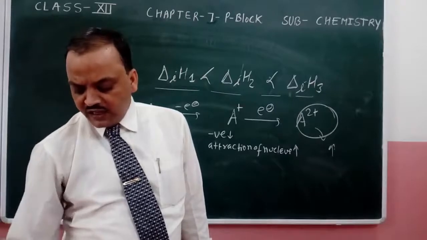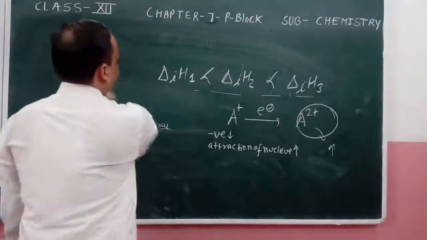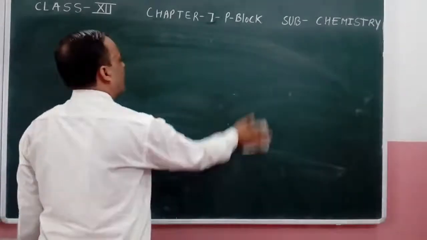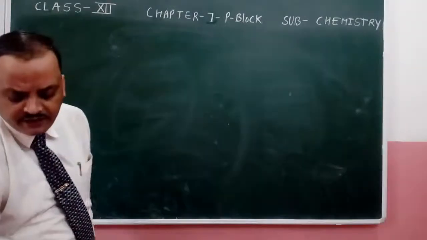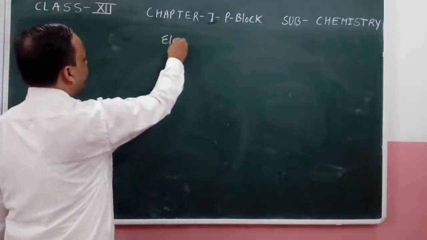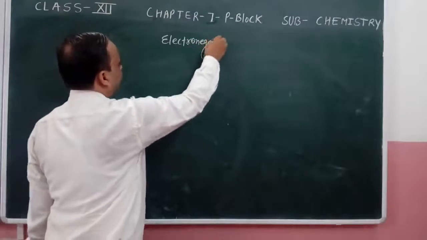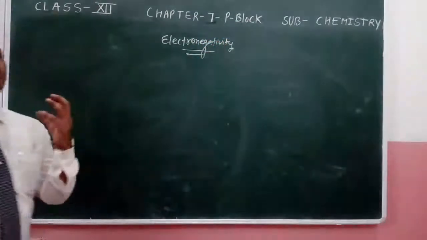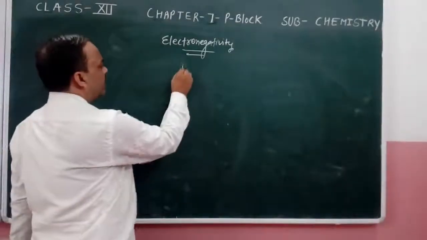Now we have another topic in this, that is electronegativity. In 11th class, you all have discussed this topic, what is electronegativity. Electronegativity is the power to attract the electron.